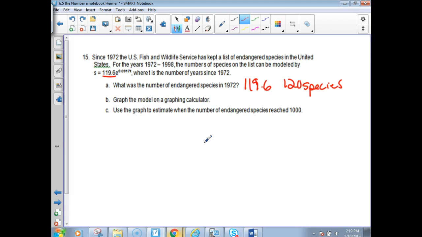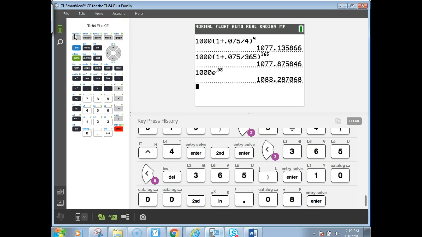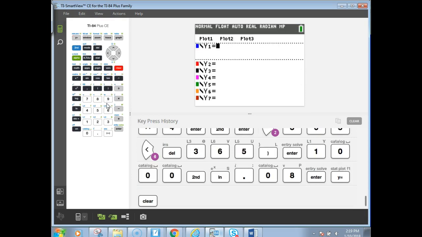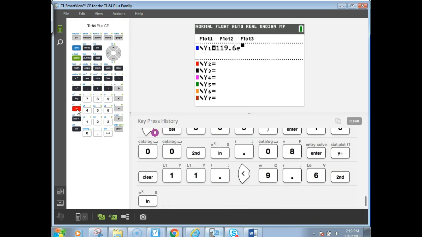Graph the model on a graphing calculator. Okay, let's see what we got. And then it's e to the lovely, quite an exponent there, 0.0917.